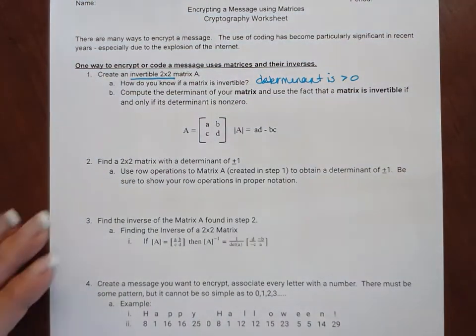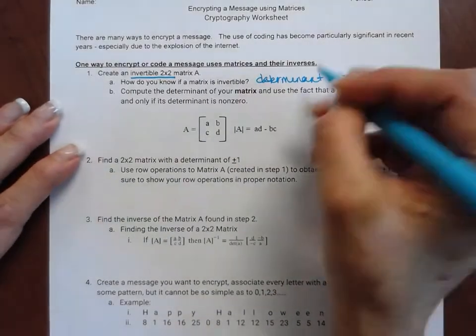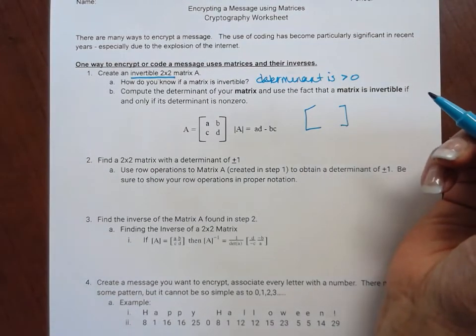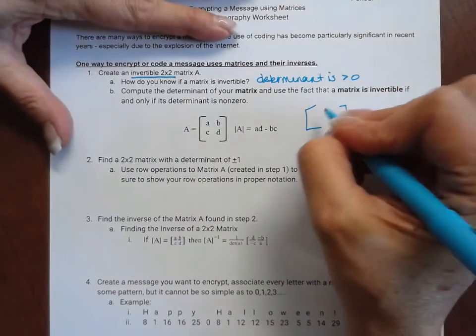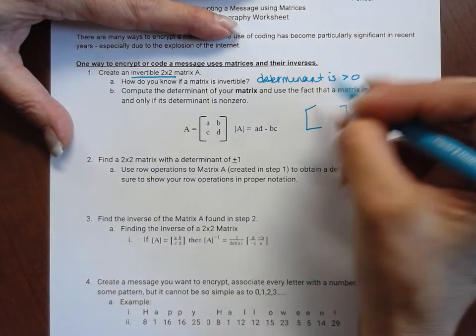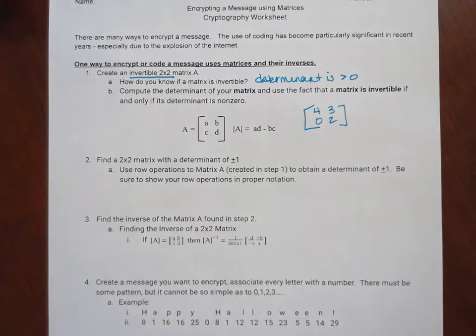So let's say I make a matrix of, let's say 4, 3, 0, 2.